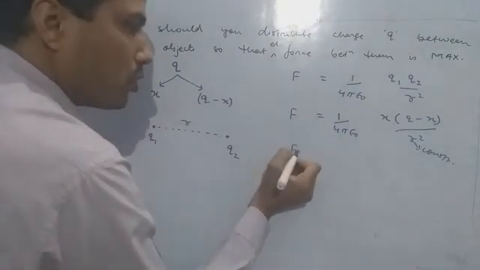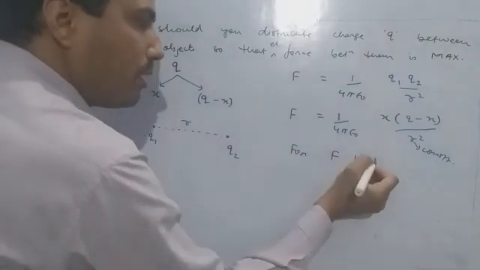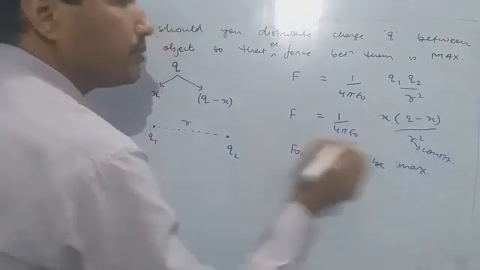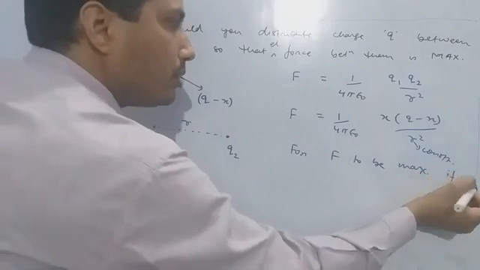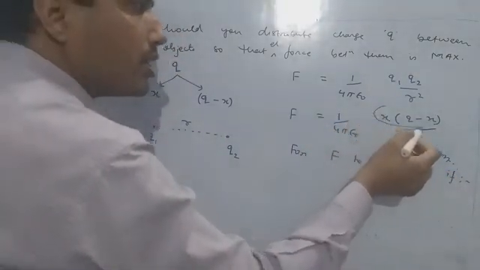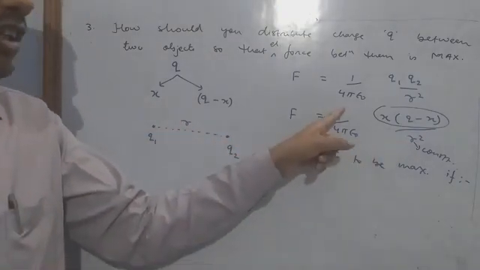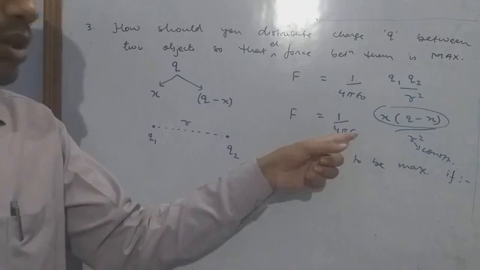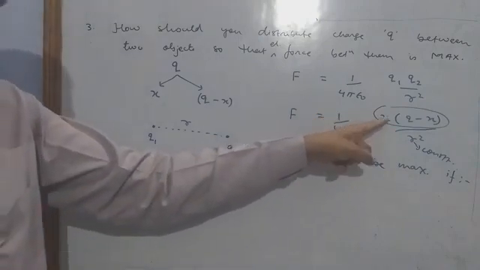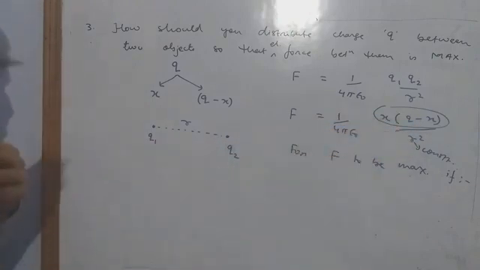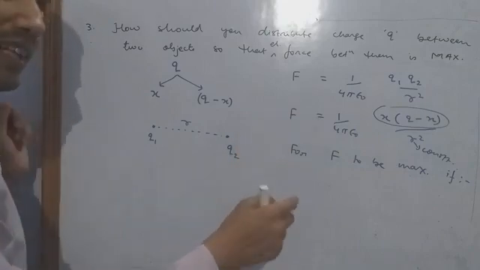So for this force F to be maximum, this force F will be maximum if this quantity is maximum. Why this quantity? Because I told R is fixed and this is also a number, 9 times 10 to the power 9, you know that, Newton meter square per Coulomb square. So the only variable factors are x and q minus x. So that product, if it goes to maximum value, this force F will also go to maximum value.